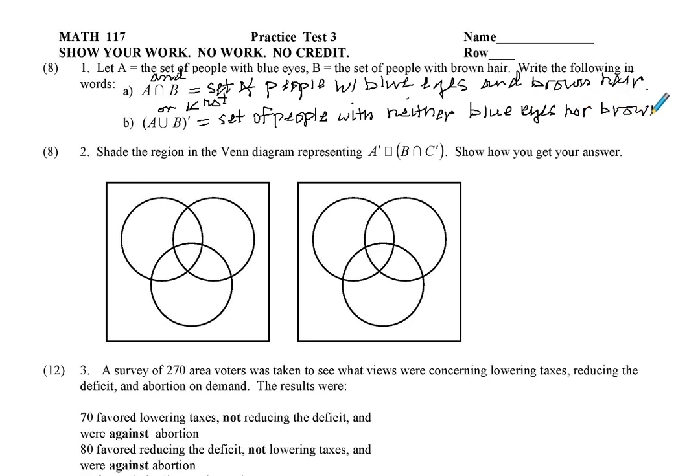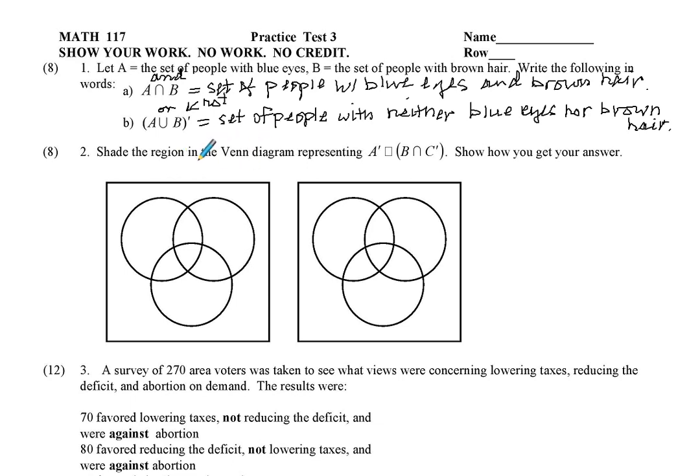Now probably a little bit more precise way to say that would be this is the set of all people who are not those that have blue eyes or brown hair. So that would be equivalent to a not or, not the set of people that have one or the other.